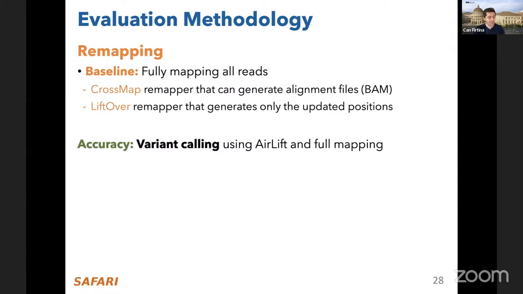Liftover cannot generate a BAM file with proper cigar strings and other flags, and in the case of CrossMap, it cannot quickly and also accurately modify all the alignment flags such that it won't be problematic when going over the downstream analysis, for example, marking duplicates and also performing variant calling.